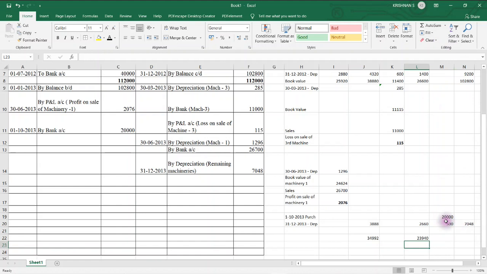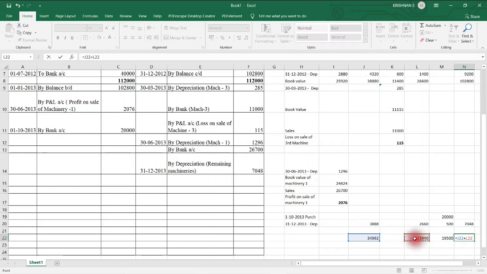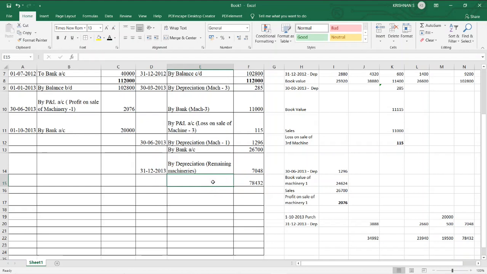Then here 20,000 minus 500 is equal to 19,500. If you add these three values, you will get the total book value at the end of the third year, final year, so 78,432.